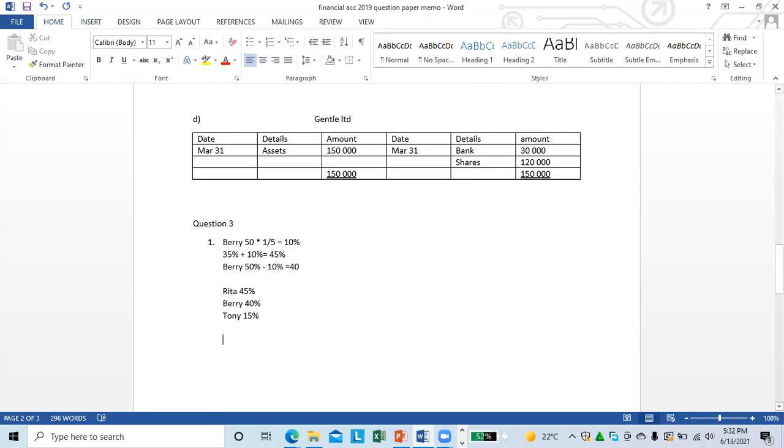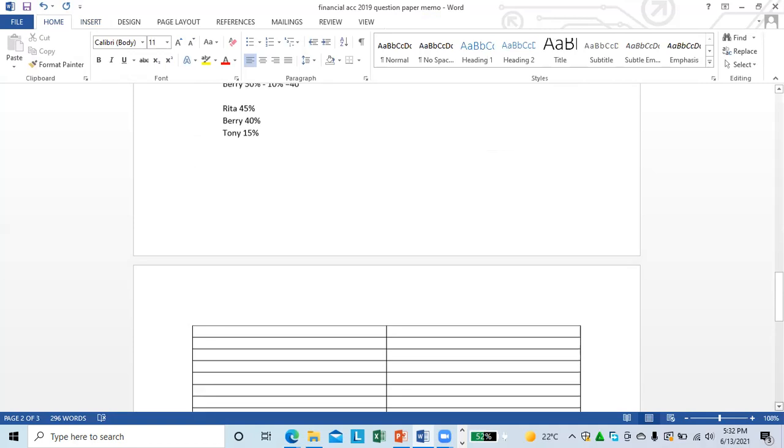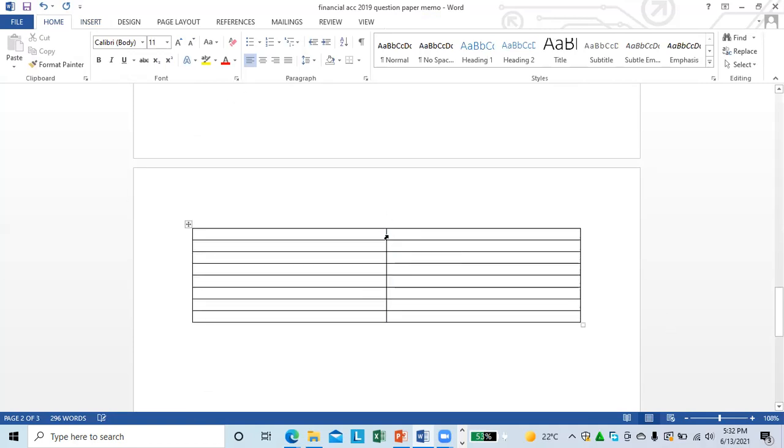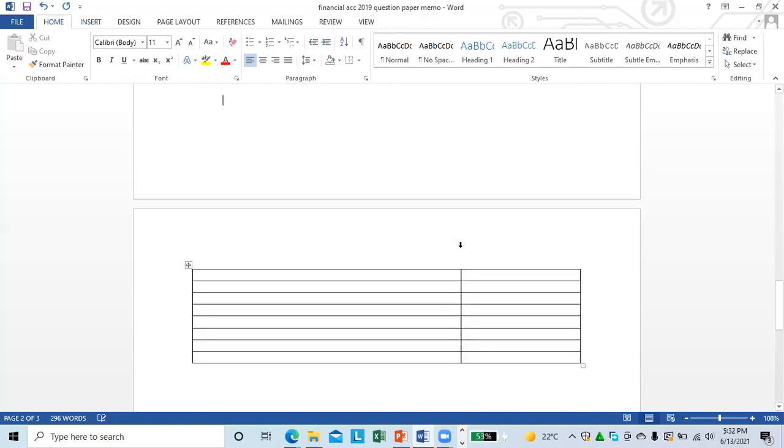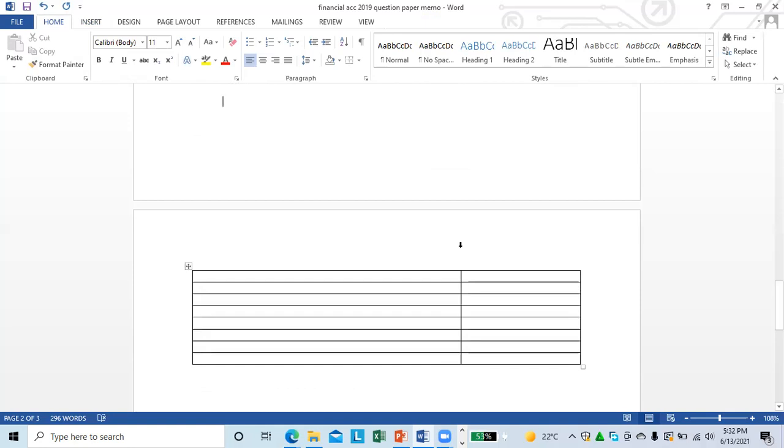Okay. So the first thing there we have is assets. In this case, because you are already given a statement of financial position, you just copy it as it is and then you just edit. You will just have to edit.